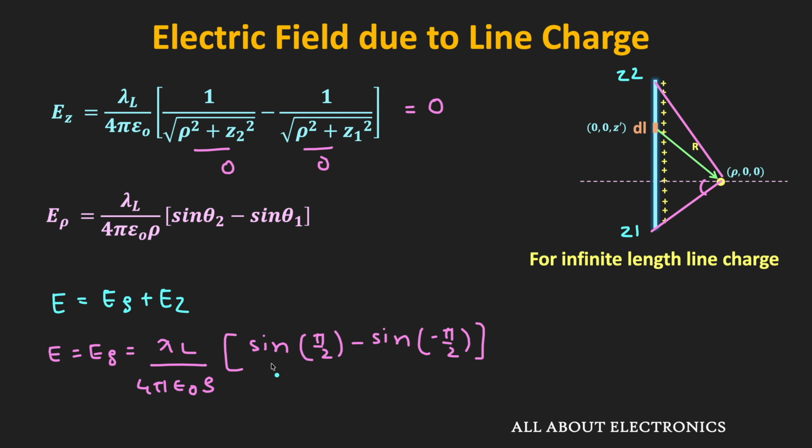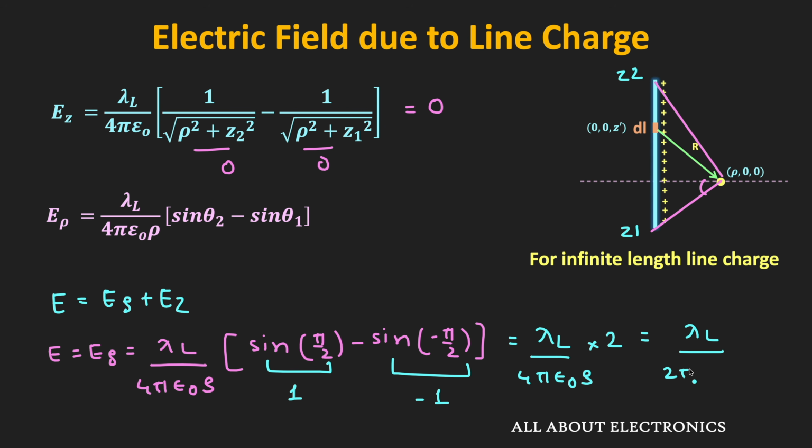And as you know, sine pi by 2 is equal to 1, while sine of minus pi by 2 is equal to minus 1. So overall, we will have lambda L divided by 4 pi times epsilon naught times rho times 2, or that is equal to lambda L divided by 2 pi times epsilon naught times rho.